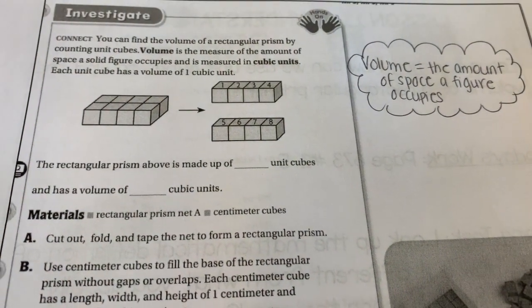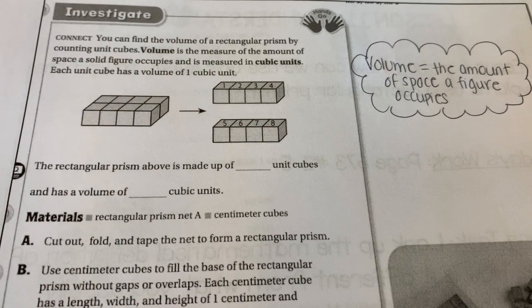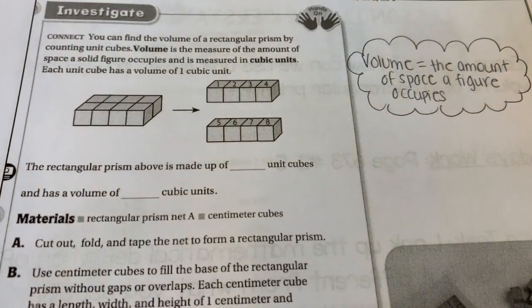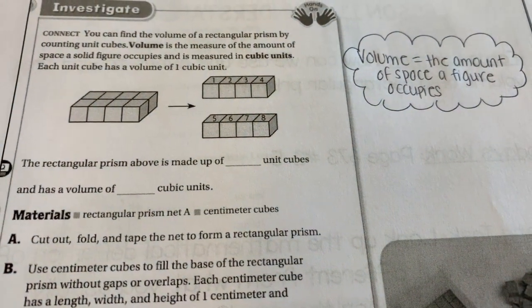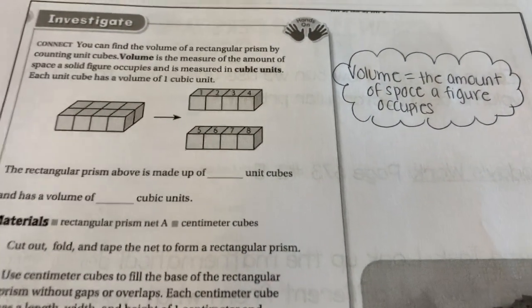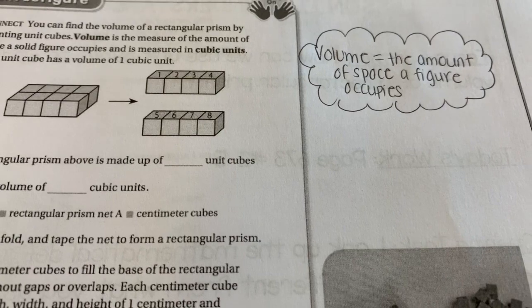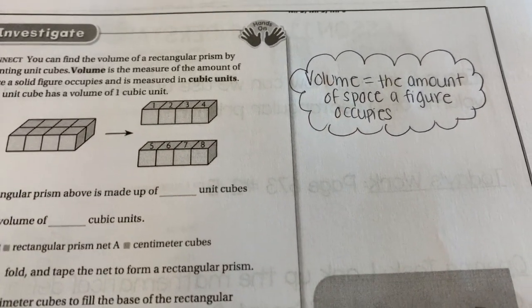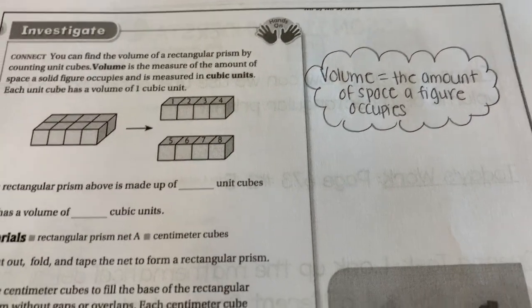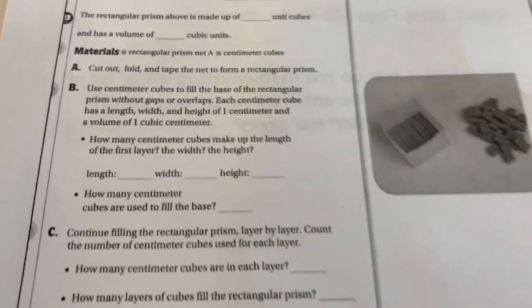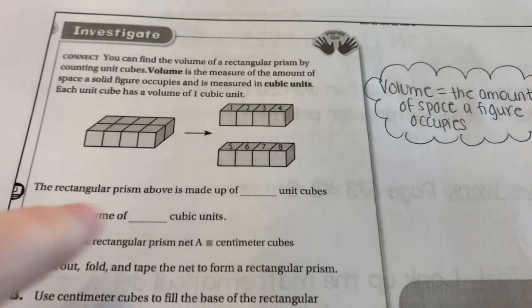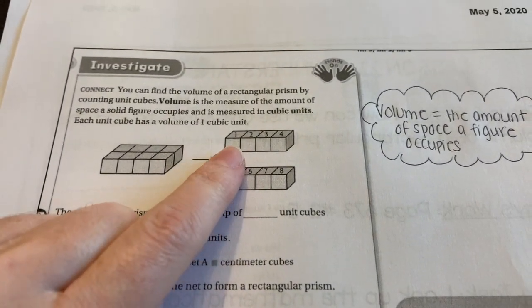Because when you're dealing with things like cups and boxes, that's kind of what you're looking at, the space that the object has inside of it. So I'm not teaching that to you as the formal definition. This is the formal definition. However, it is kind of helpful to think of it that way. So for the investigate, each unit cube has a volume of 1 cube unit, okay?